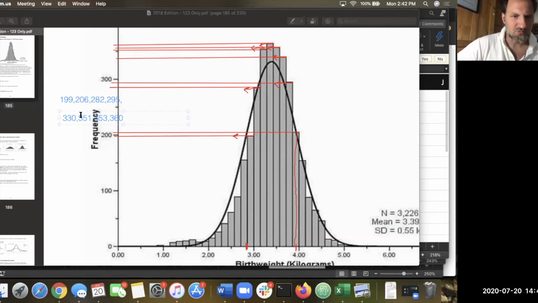Let me try to move this to a place where you can see it. That's 4 numbers, and then you got 4 more numbers.